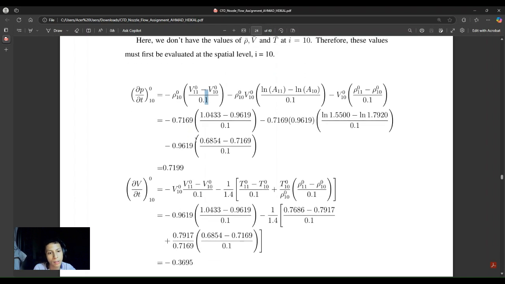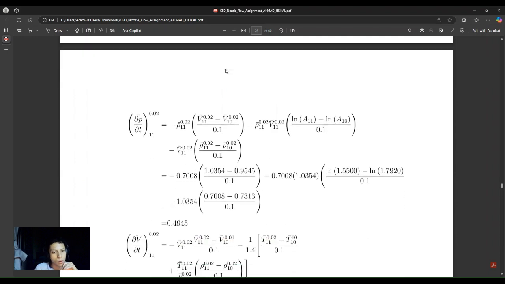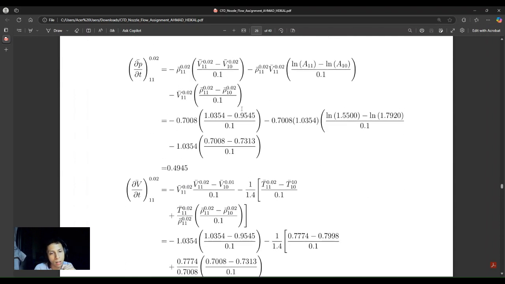So after some computations, we will need to stop at the corrected values, because these values will be used in calculating the correct steps for i equals 11. So this is the predicted values from the i equals 10.